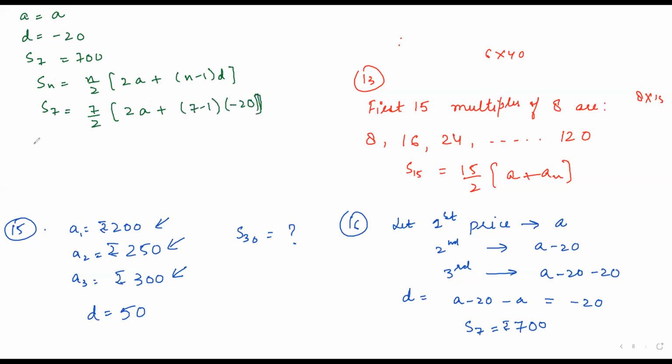Understood? Now S7 is 700 and then cross multiply. So into 2 and divided by 7, this will be 2A minus 6 into 20. 6 into 20 is how much? 120. Clear? So you can solve it for A. You will get your A from here, only one variable I can see.